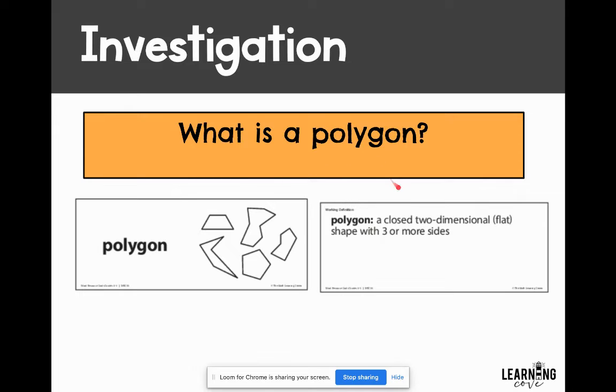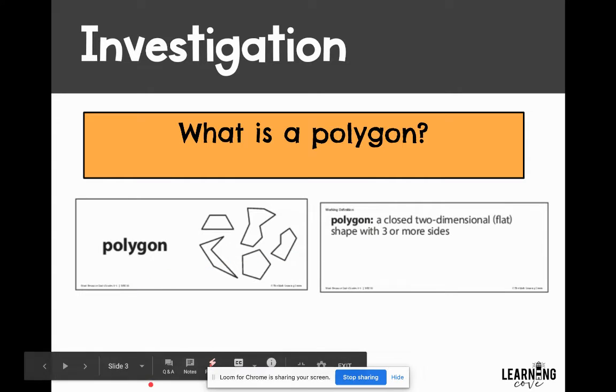A polygon is a closed two-dimensional flat shape with 3 or more sides. So if you see any shape that's closed, meaning all the lines connect, and it's flat, and it has 3 or more sides, you can call that shape a polygon.